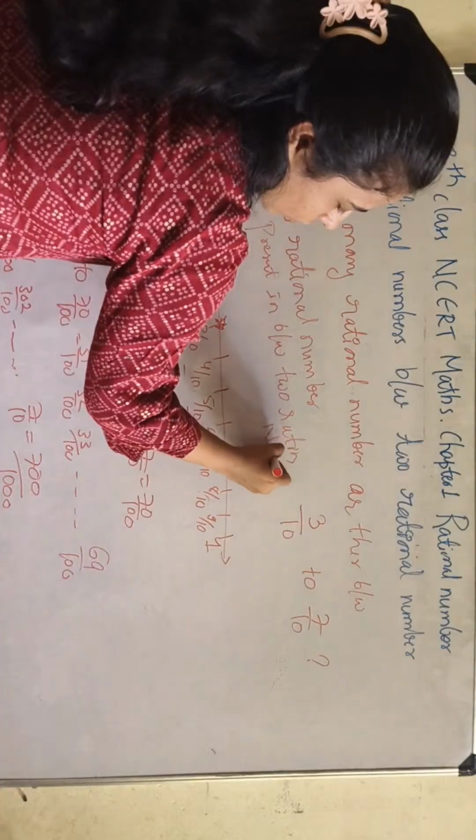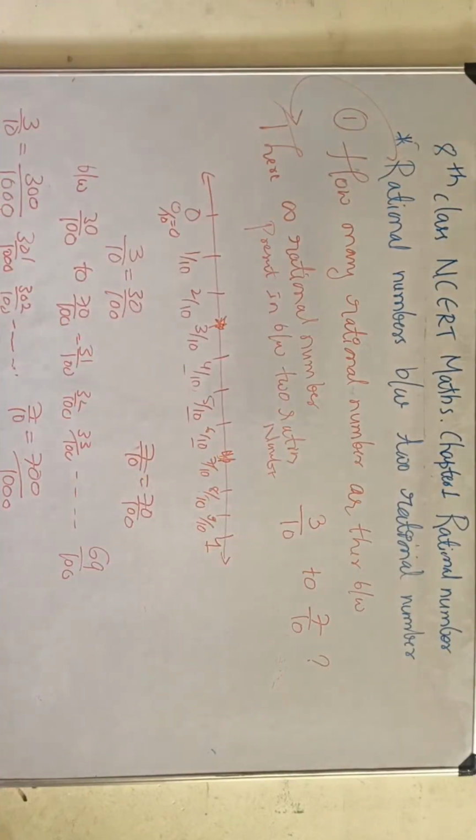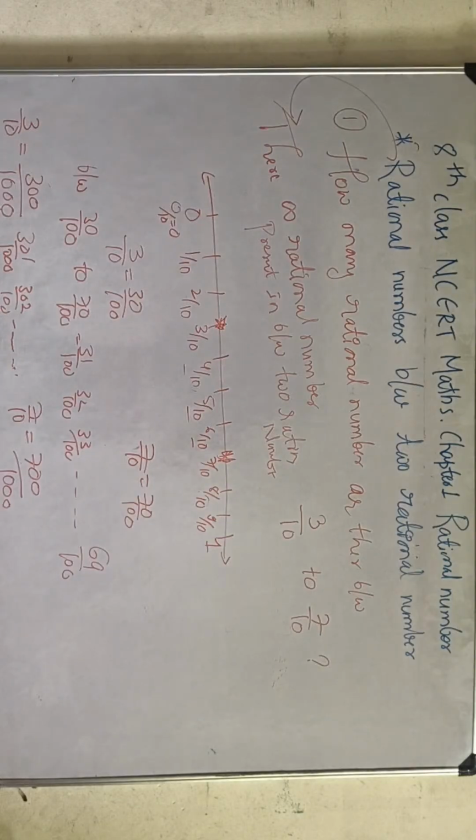This is the conclusion. Okay? You got it? So, there are infinite rational numbers present in between two rational numbers.